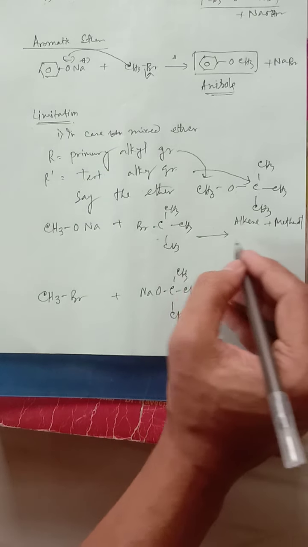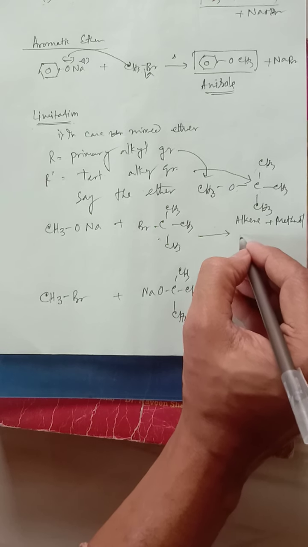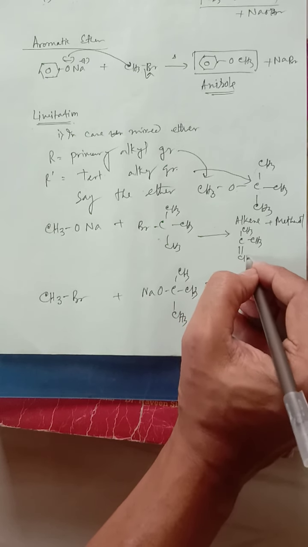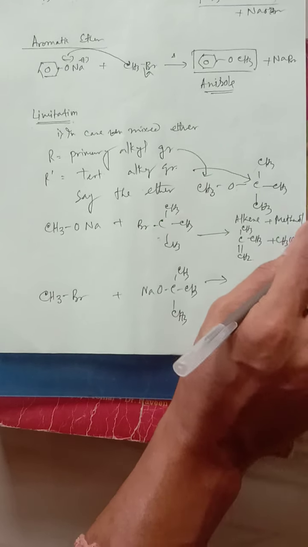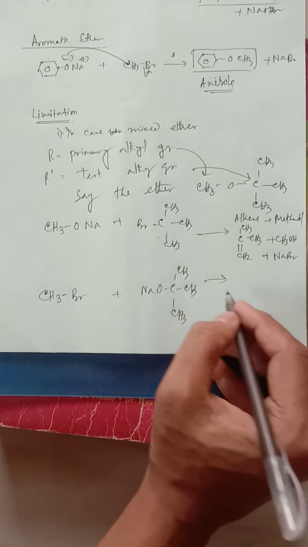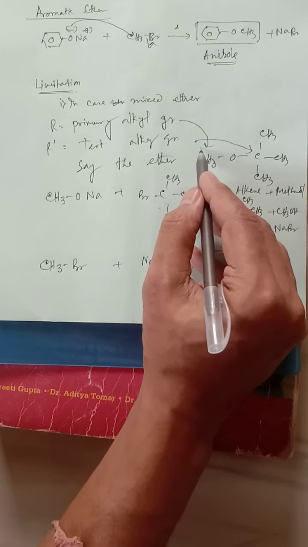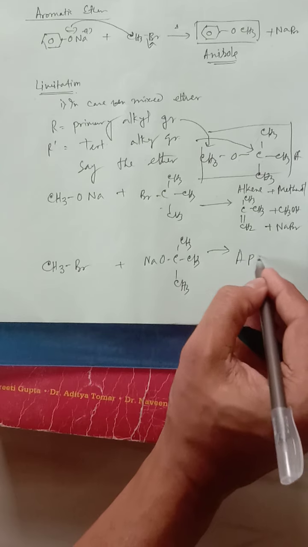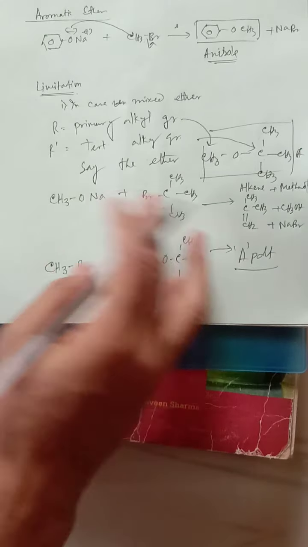The product will be like this: (CH3)2C=CH2 plus CH3OH plus NaBr. But if we take this one, you will prepare product A exactly. So this is the limitation.